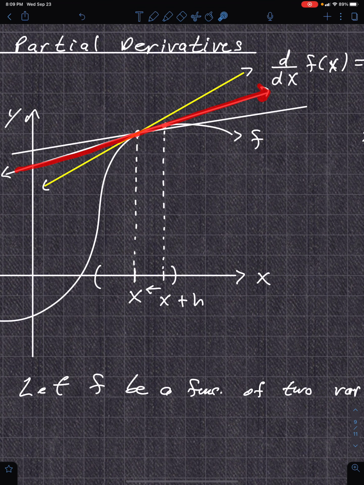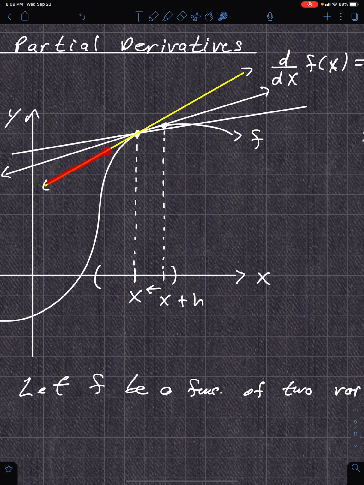line. And so the derivative is defined to be, well, the slope of the secant line is the change in the y values divided by the change in the x values. So as you take a limit, as h approaches 0, you end up getting this x plus a little bit getting closer and closer to x.